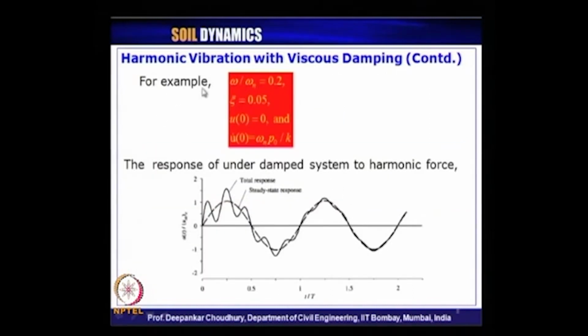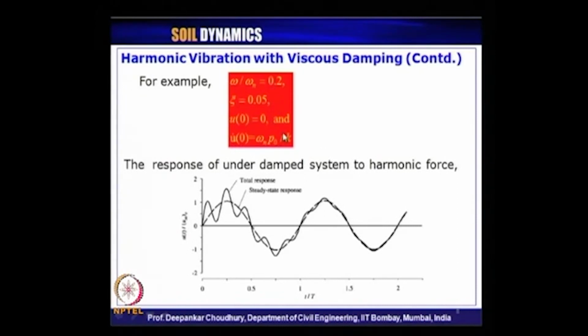One example problem has been shown here, where omega is the applied excitation frequency; in our symbol we have used lambda. So, this is lambda and this omega n is the natural frequency. The exciting frequency to natural frequency ratio is taken as 0.2, the damping ratio eta is 0.05, initial displacement is 0 and initial velocity is given by this expression.